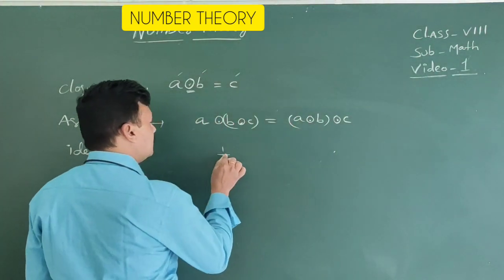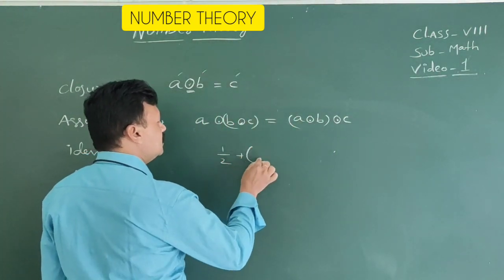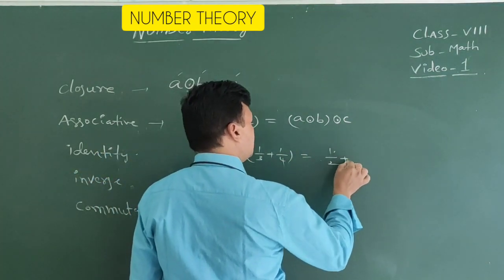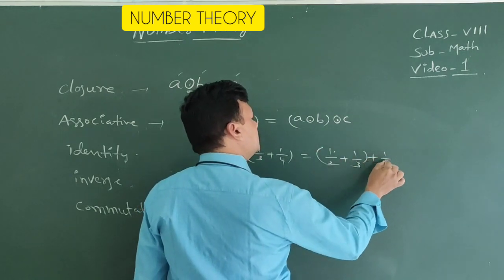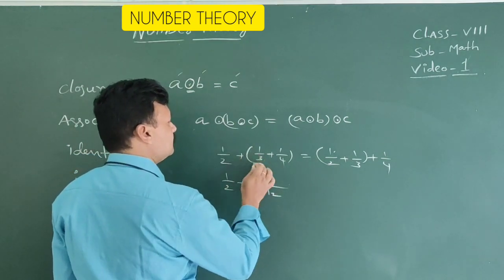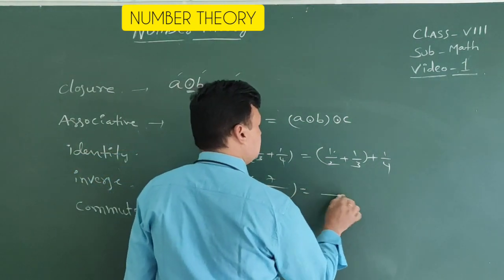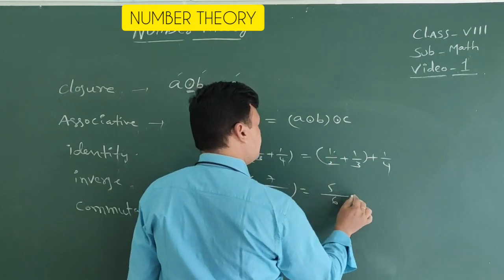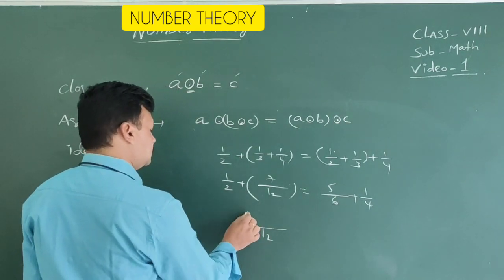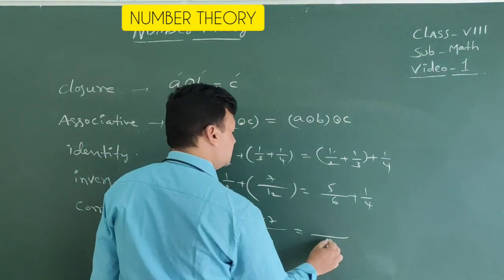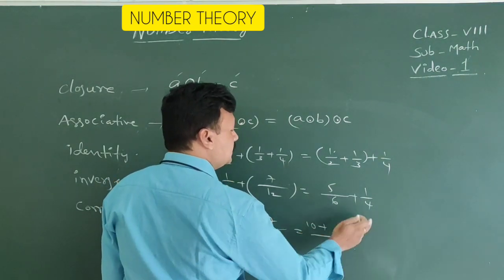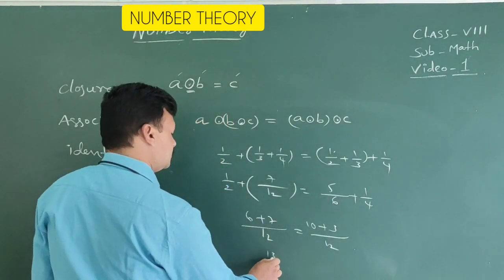For example, 1 by 2, 1 by 3, 1 by 4. Here 1 by 2 plus 1 by 3: LCM is 6, 3 plus 2, 5 by 6. Then 5 by 6 plus 1 by 4: LCM is 12, 10 plus 3, 13 by 12. Taking the other grouping, 1 by 3 plus 1 by 4: LCM is 12, 4 plus 3, 7 by 12. Then 1 by 2 plus 7 by 12: 6 plus 7, 13 by 12.